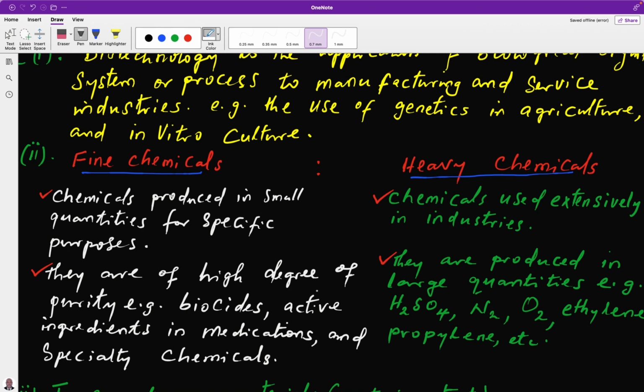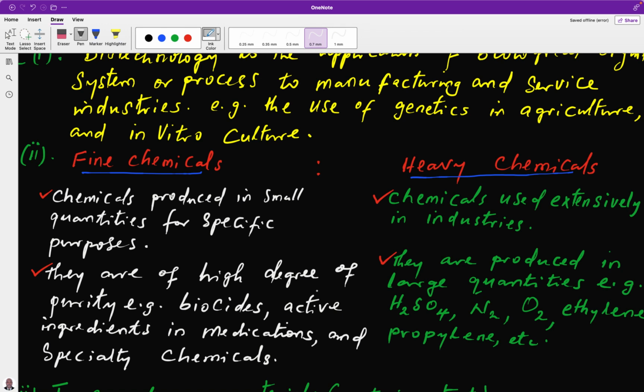Fine chemicals are chemicals produced in small quantities for specific purposes. Heavy chemicals are chemicals used extensively in industries.